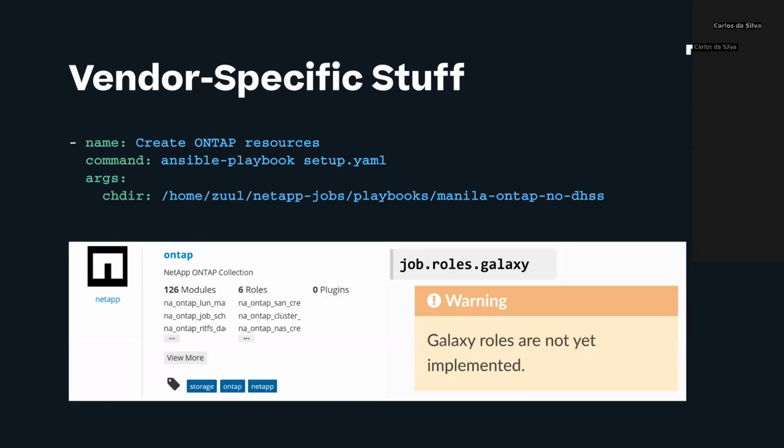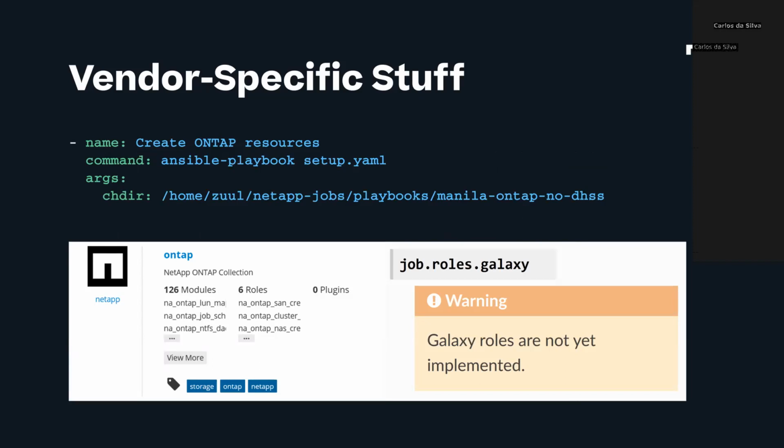And talking specifically about the nested Ansible, which is a very interesting topic in my opinion, because this may or may not be the case for other OpenStack vendors, but in the case of NetApp, NetApp maintains a set of Ansible Galaxy collections and roles for managing some of their products, including ONTAP.